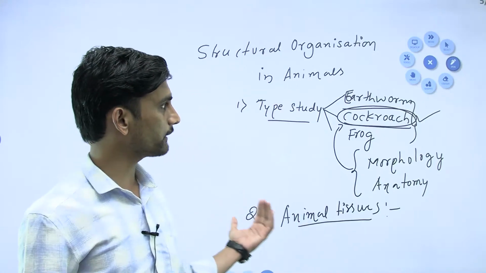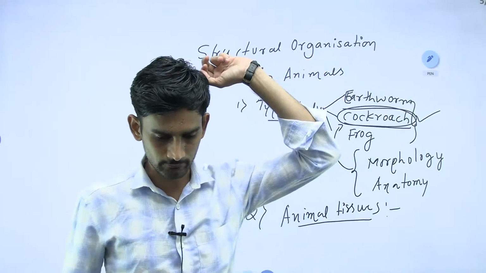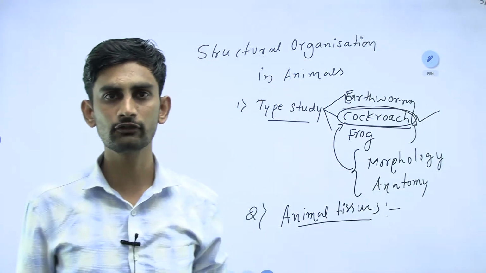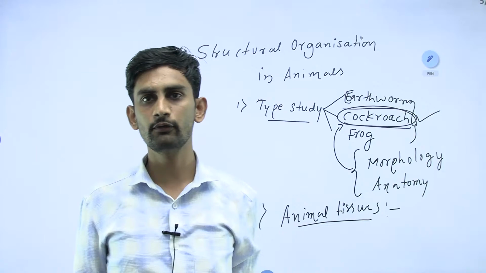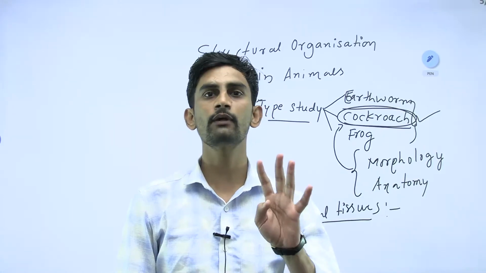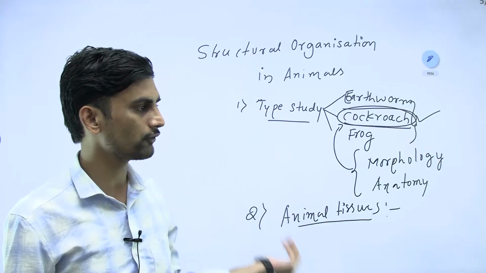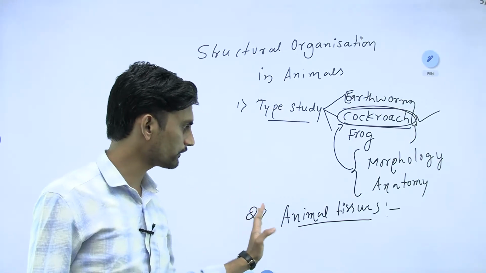For example, epithelial tissue, about which you already gathered complete information, then connective tissue, then muscular and nervous tissue. So a total of four different types of tissues are there in the human body and other organisms. You have already studied animal tissues in detail.